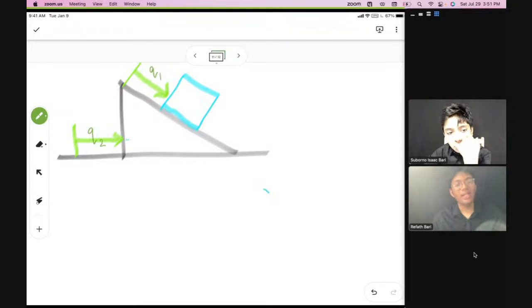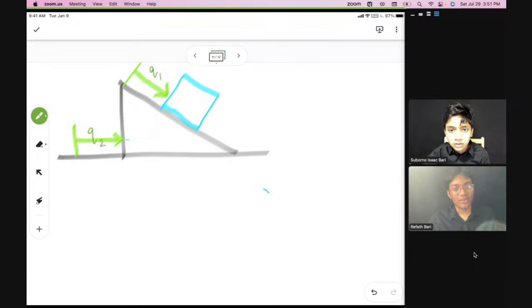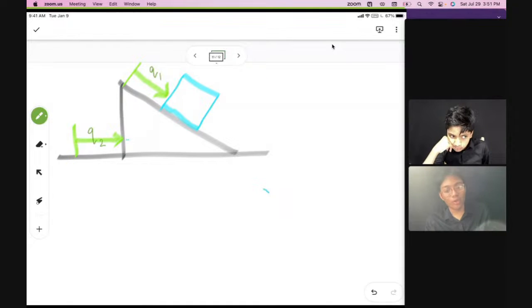If I'm analyzing a circle rolling down an inclined plane, it certainly won't be the same. A disk won't be the same as a sphere, but in this case, I believe the physics should remain the same. Okay. So with that being said, we're going to get started with analyzing this system.